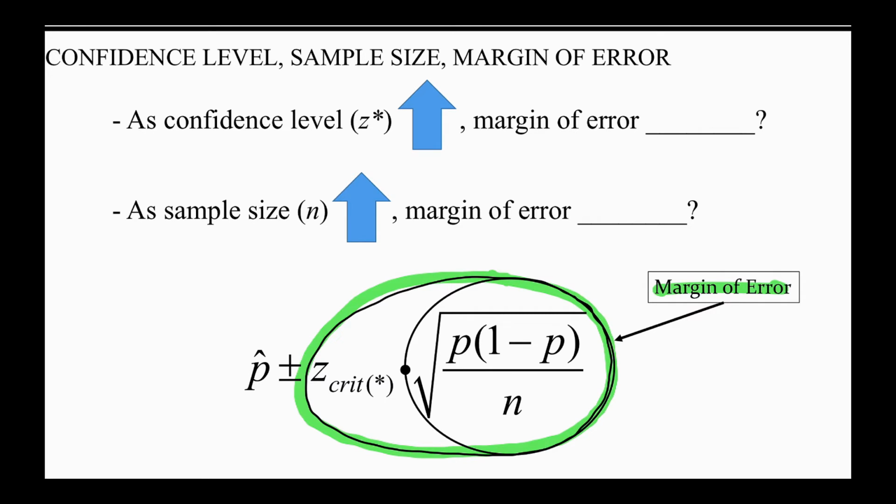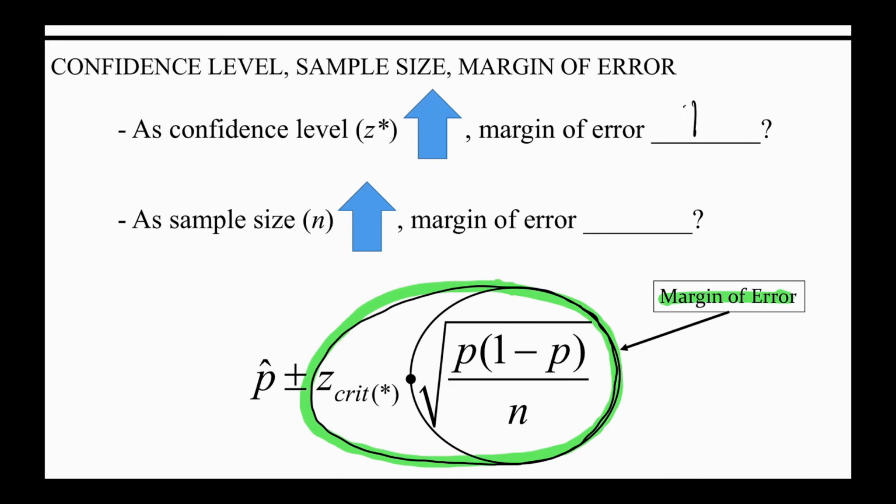This part here, the green part, is what causes that. So as I get more and more confident, the buffer is going to get wider. So the margin of error will increase.